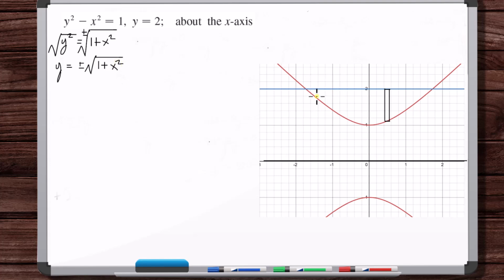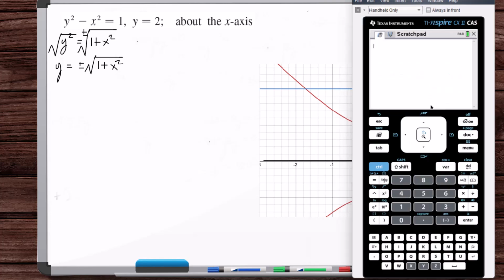The plus or minus means that if you plug in x, the result is this and this, but we're going to ignore the negative. So we just want to solve for when the square root of 1 plus x squared equals 2.